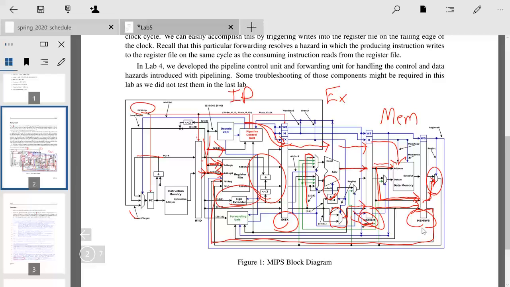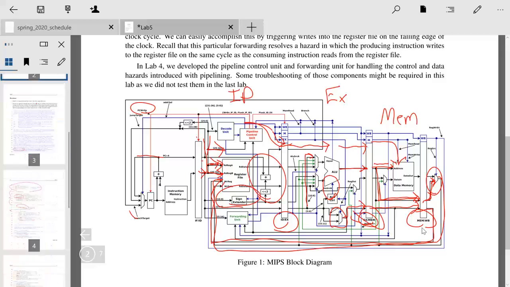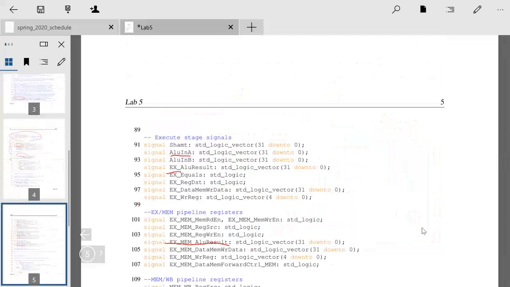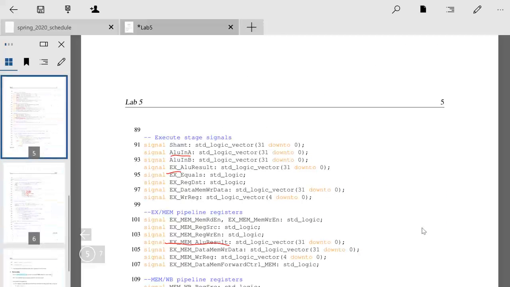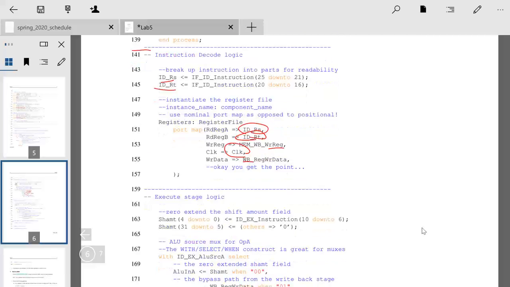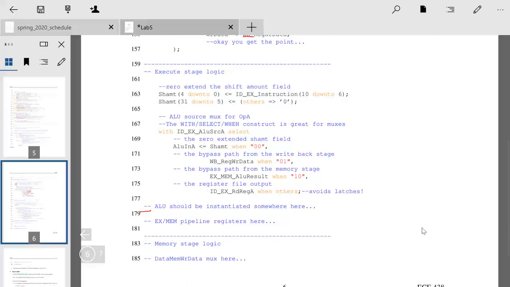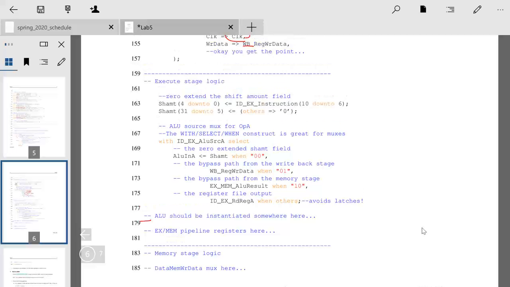There it is, in the write back stage. This is the signal we're talking about. So hopefully I'm convincing you that this naming convention makes it a little easier. Like I say, the hardest thing about writing good HDL is coming up with good, meaningful signal names. And so hopefully I've taken care of a lot of that for you. And in the future, you can follow these similar conventions, hopefully.